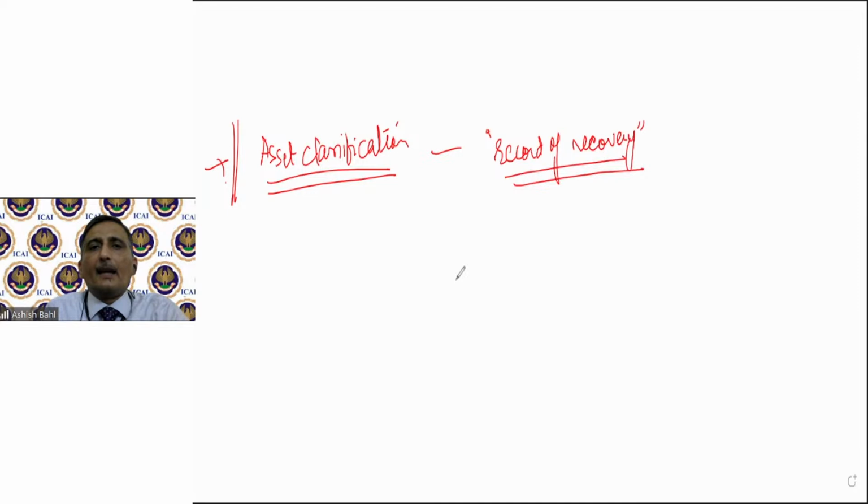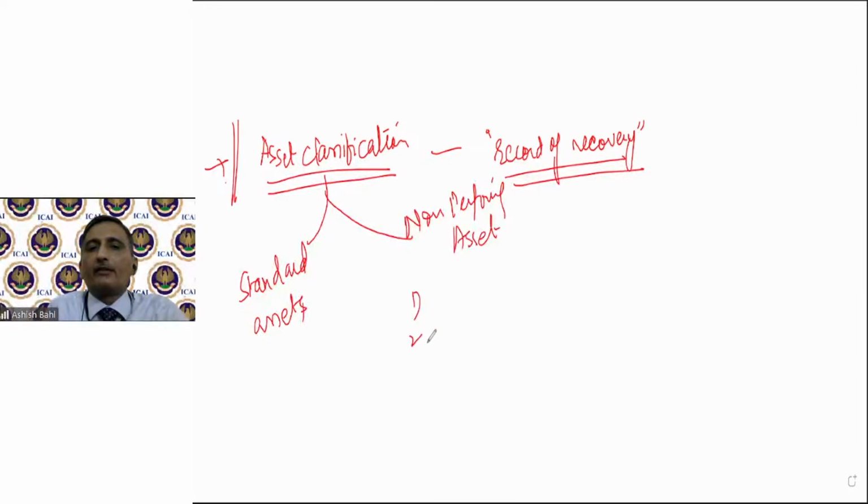Okay, and these are classified into, as you already know, standard assets, which are regular accounts, and non-performing assets. And non-performing assets are of three types: substandard assets, doubtful assets, and loss assets.